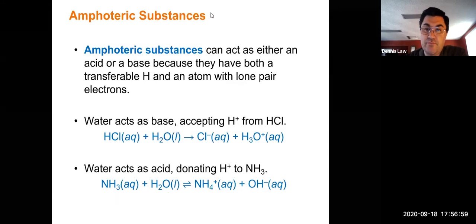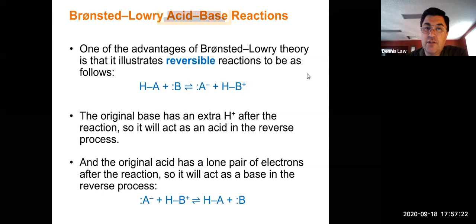So water, in this case, acts like a base, accepting the proton, but in this case, acts like an acid, donating the proton. That's called amphoteric. That means you can act as either an acid or a base. If it could either accept a proton or donate a proton, it's going to be amphoteric. It can act as either one.